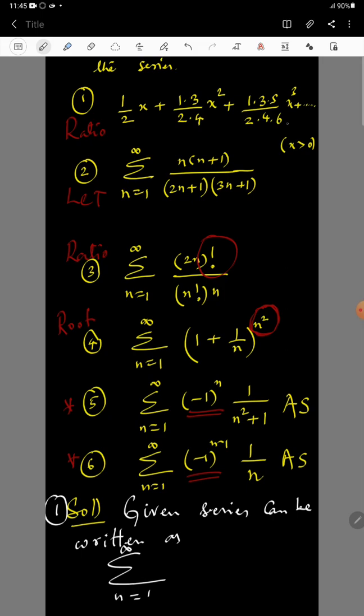You can see that the next term will be 1, 3, 5, 7. So definitely every term is going to start with 1. So 1, 3, 5, 7, and so on up to, what is the nth term of this one? This is an arithmetic progression. a value is 1 and d value is 2. So you can very easily get a plus n minus 1 into d, that will come as 2n minus 1, and divided by this 2, 4, 6, and so on.